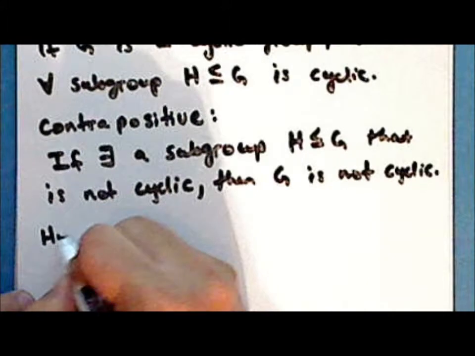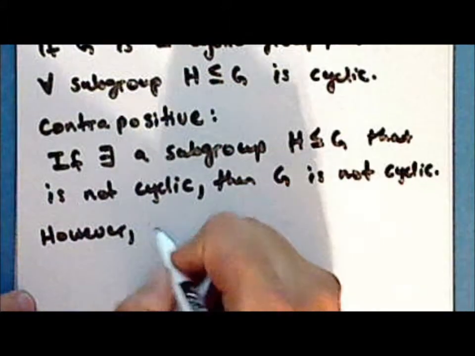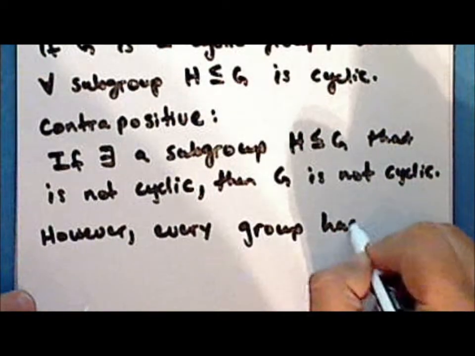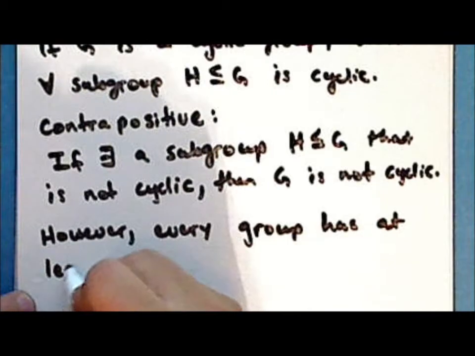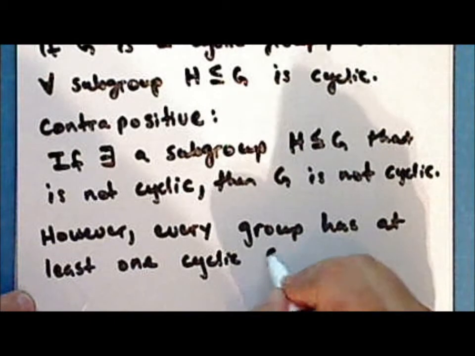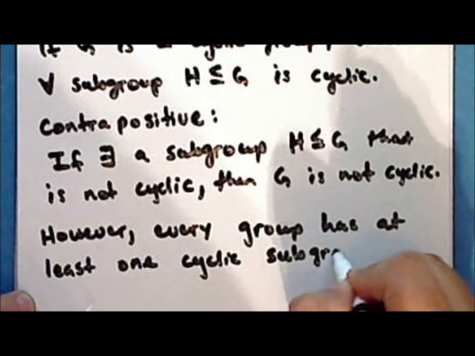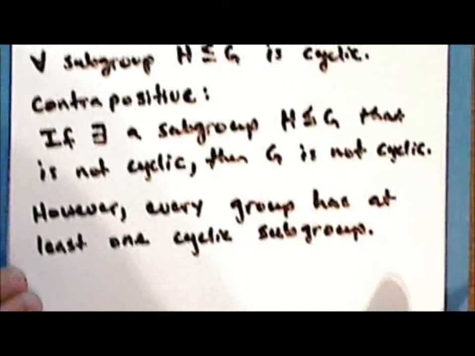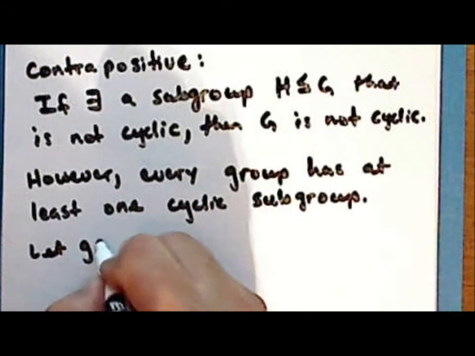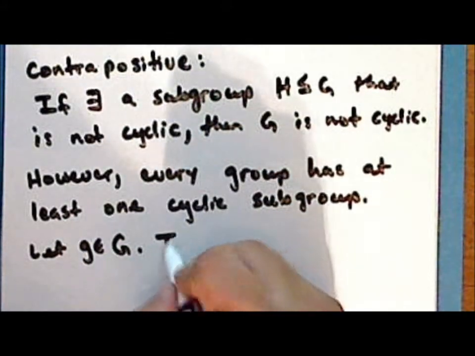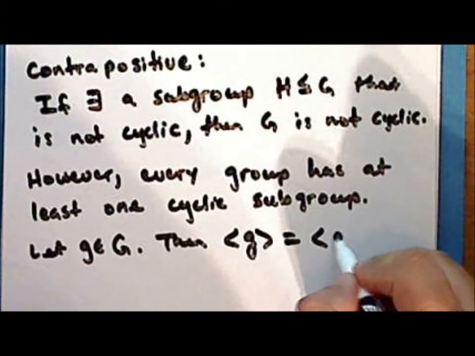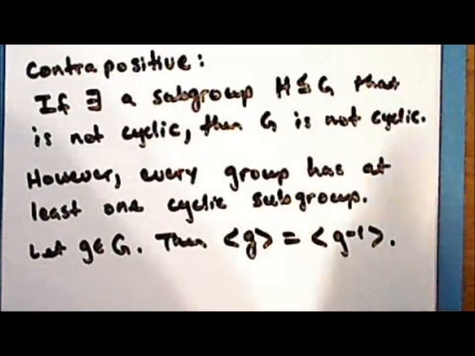However, every group has at least one cyclic subgroup, even if that subgroup is the trivial subgroup. Now let g be a specific element in the group, then the cyclic subgroup generated by g is the same as the cyclic subgroup generated by the inverse of that element.